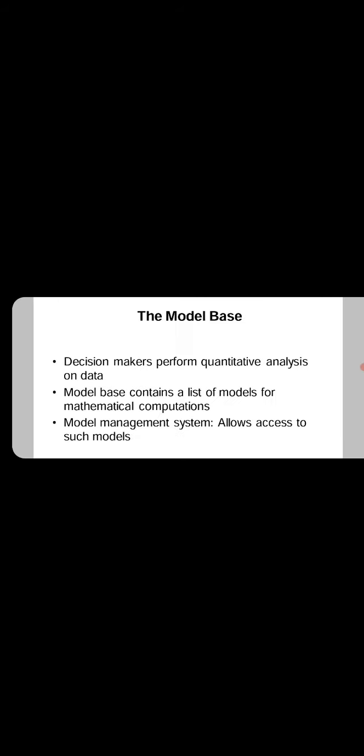Next is the model base. Model base means decision makers perform quantitative analysis on data, and the model base contains a list of models for mathematical computations. The model management system allows access to such models. So in the model base there are different types of models.